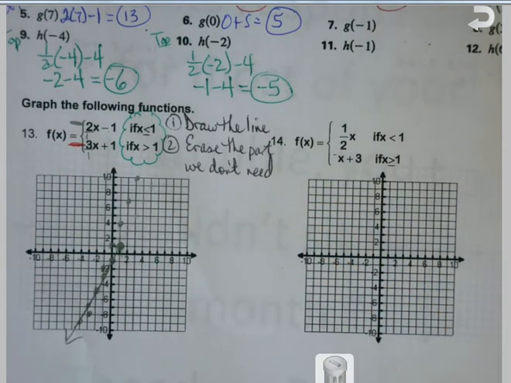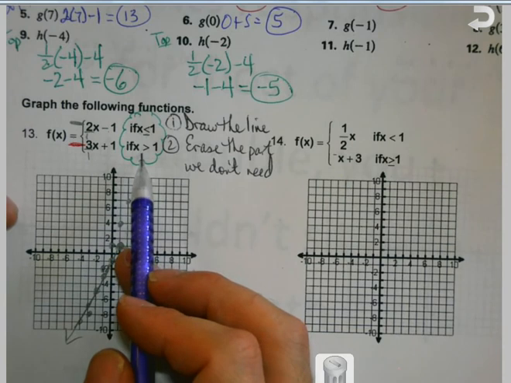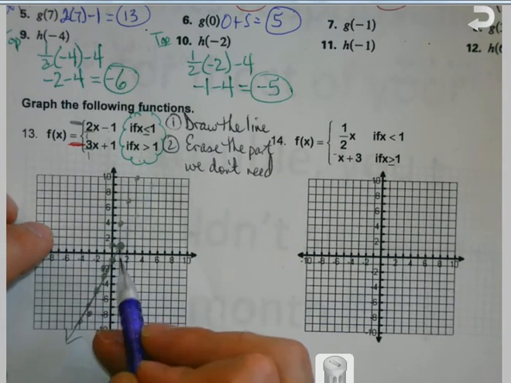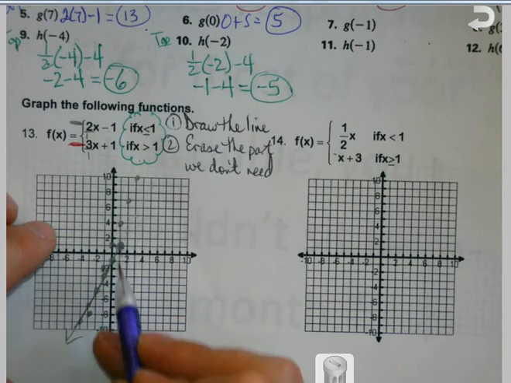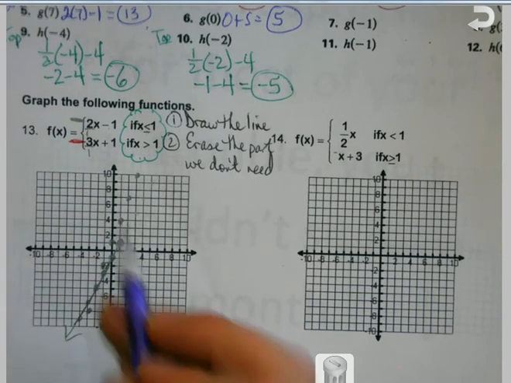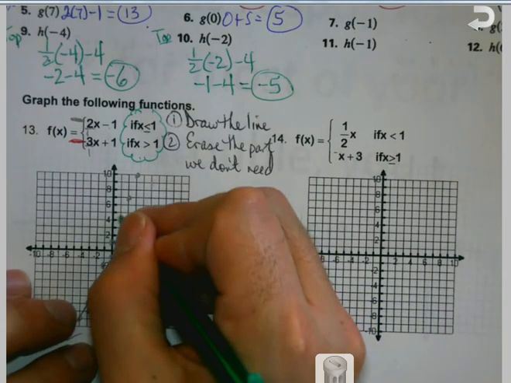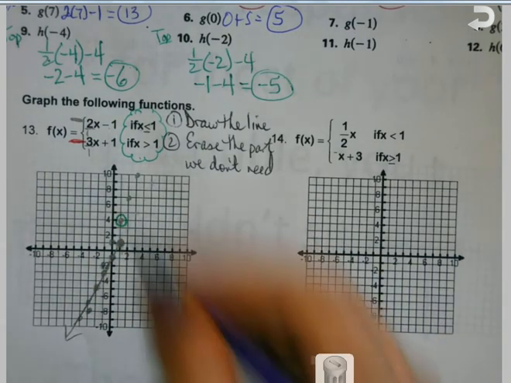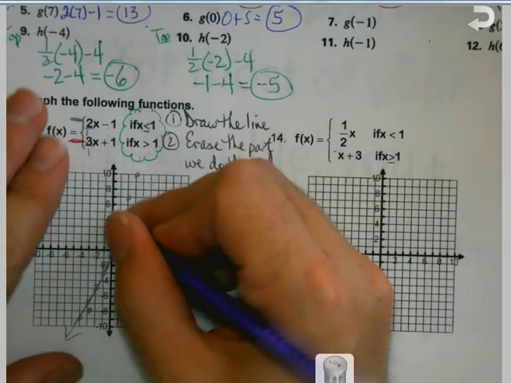But now we have to go back and look at the restriction. If x is greater than 1, okay, so here's x is 1. There's my dot on this line. Again, it needs to be an open circle on that point. Okay, that's the start of my graph.